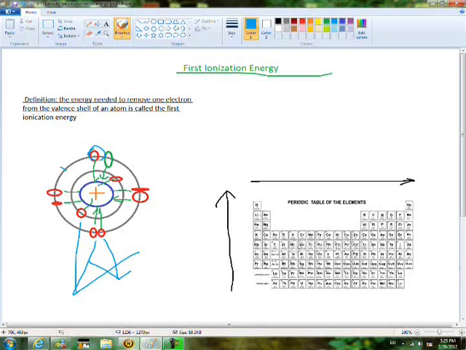If you compare lithium, which has 3 electrons, to neon, which has, let's see, 1, 2, 3, 4, 5, 6, 7, 8, 9, it would be easier to get rid of lithium because there's a weaker force than neon, which has a stronger force.